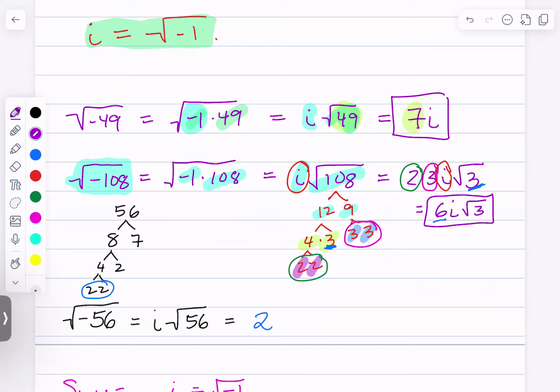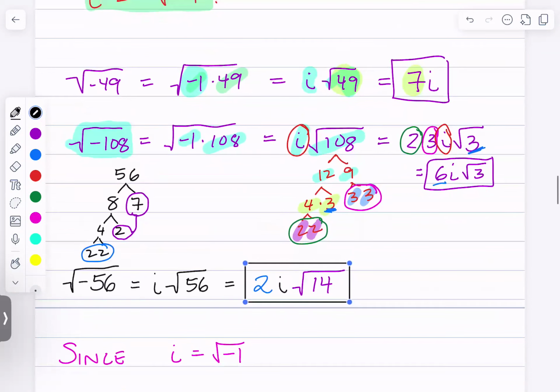And then what's left over inside is this 7 along with this 2. So 7 times 2 is 14. And then the i would travel along with me. So it's 2i square root of 14. That makes sense? We have to break down the numbers if it's not prime.